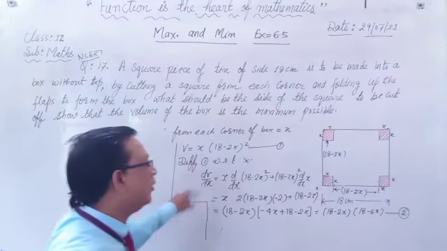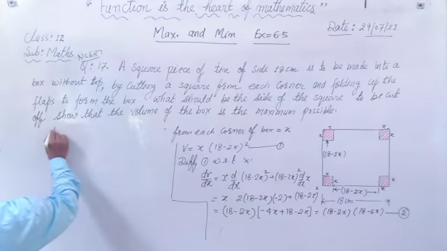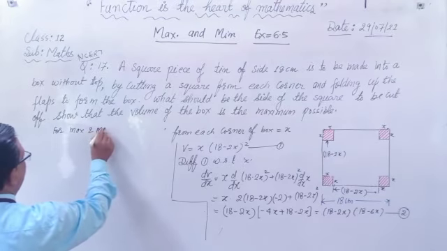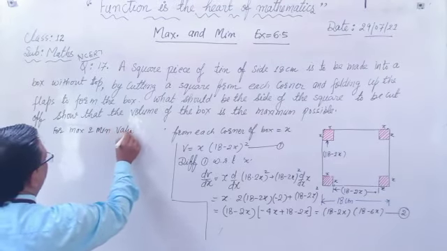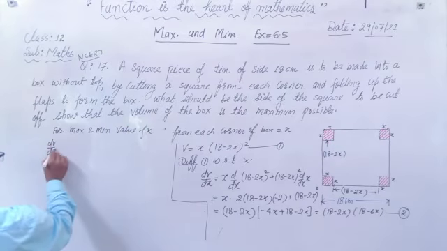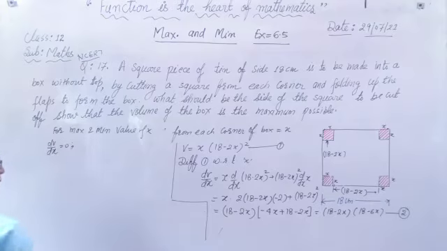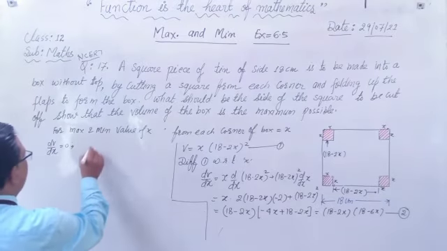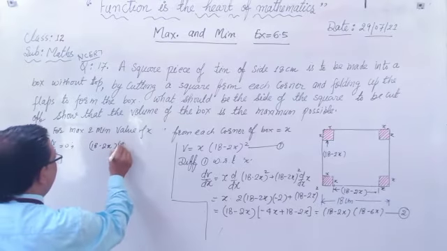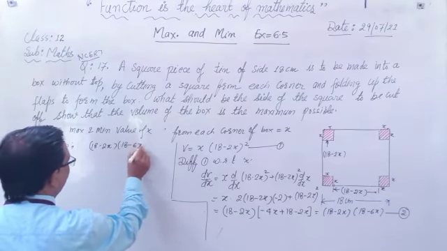So here we write, for maximum and minimum value of x, our dv upon dx is equal to, it means student, 18 minus 2x and 18 minus 6x is equal to 0.